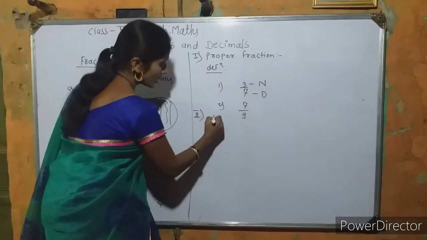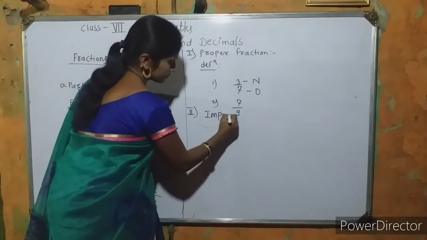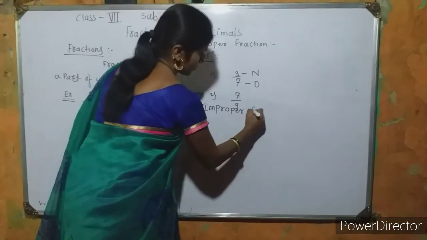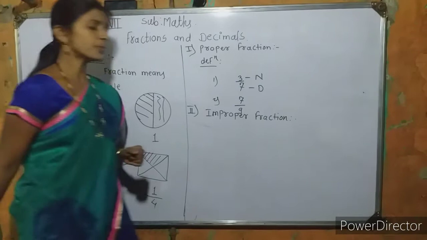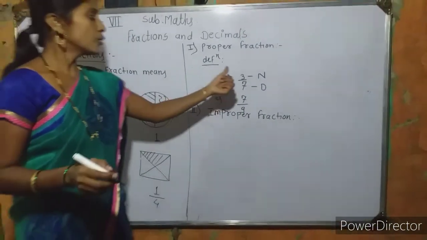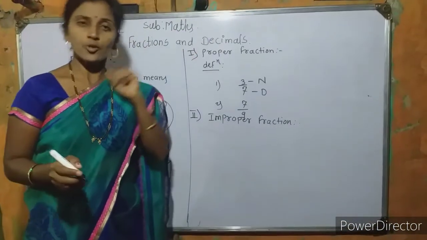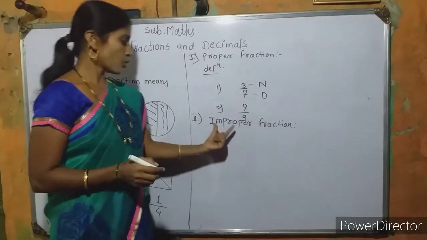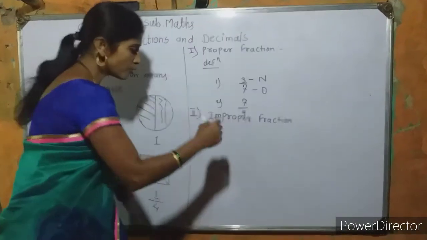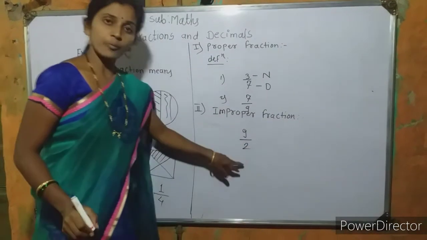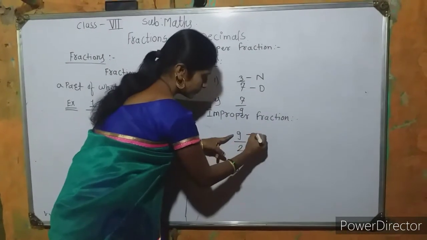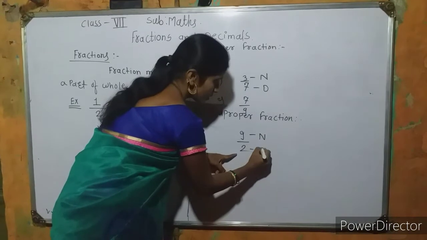The second one is improper fraction. The definition of improper fraction is the numerator is greater than the denominator. Here the numerator is 9 and the denominator is 2.